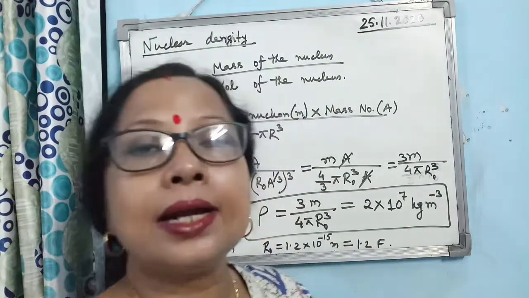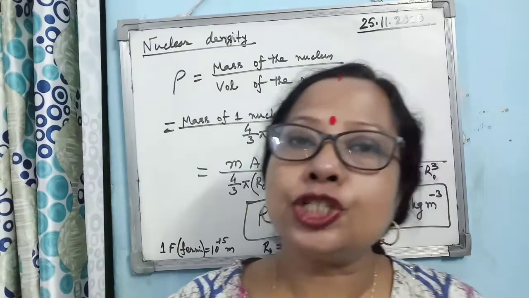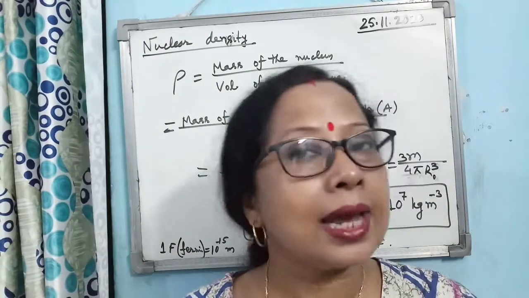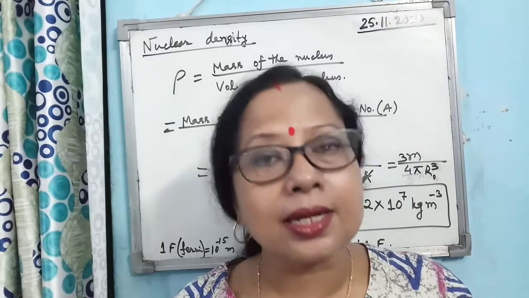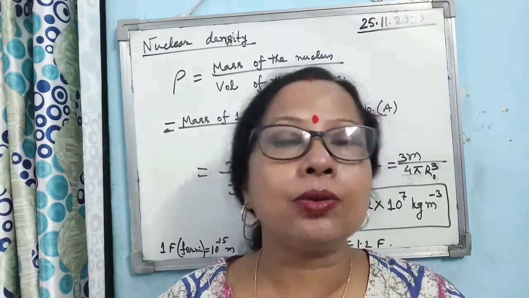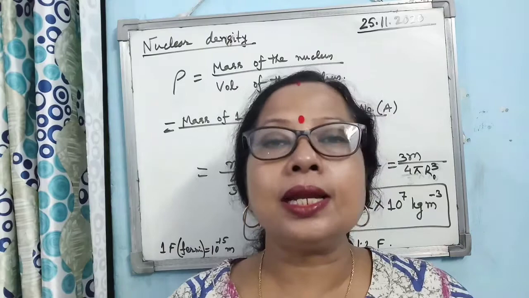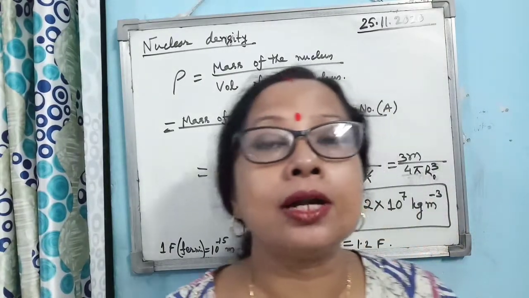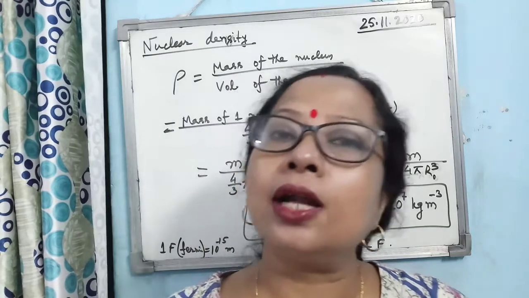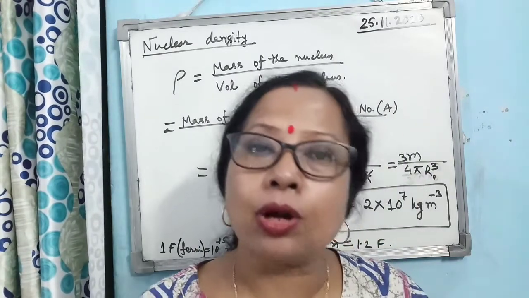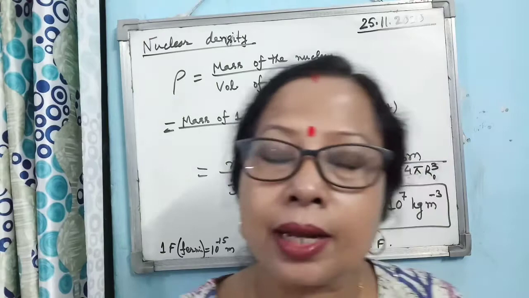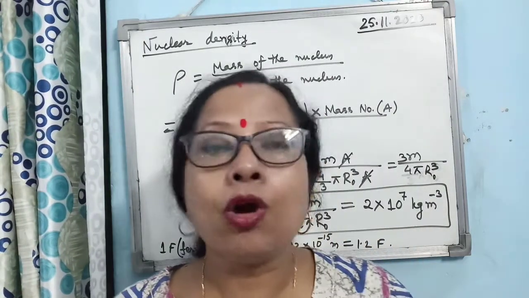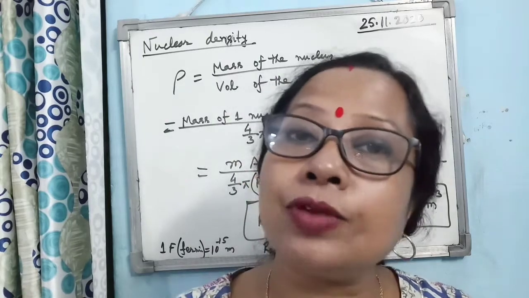Okay. So regarding the nucleus size, shape and density, the points you have to remember, I am just summarizing it again. Nucleus shape is spherical, nucleus size is given by r is equal to r naught a to the power 1/3, where r naught value is 1.2 Fermi or 1.2 into 10 to the minus 15 meter, which is same for all the nucleus. Formula is same, although for different nucleus a will vary.